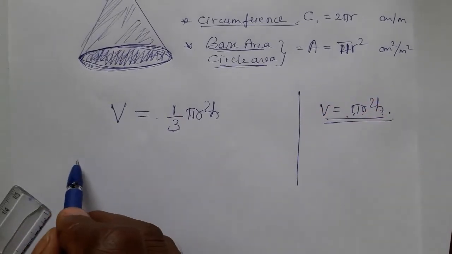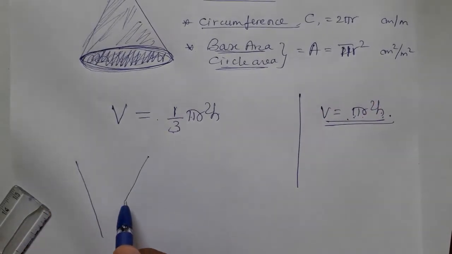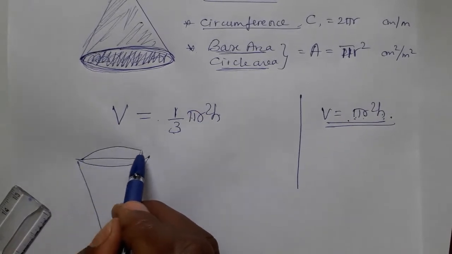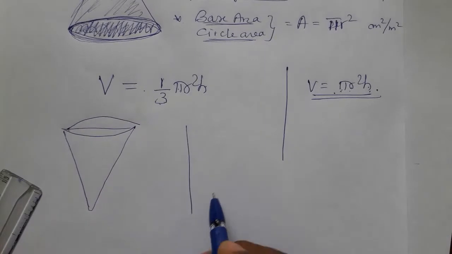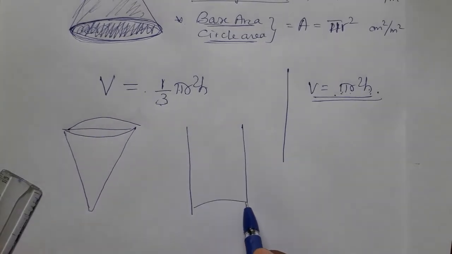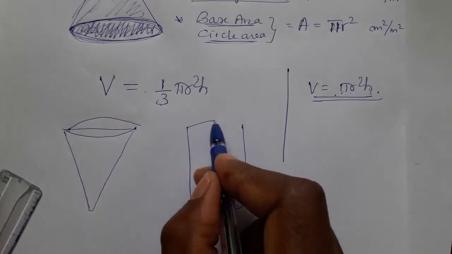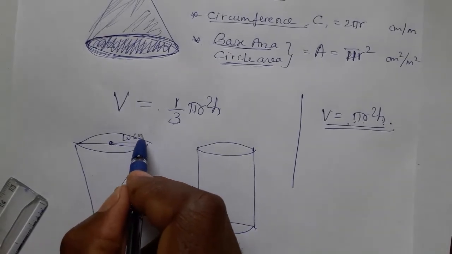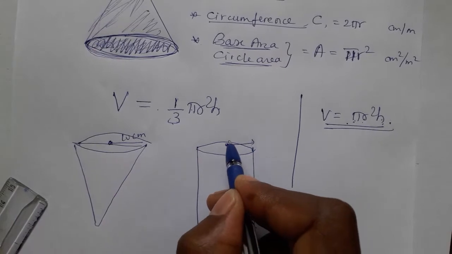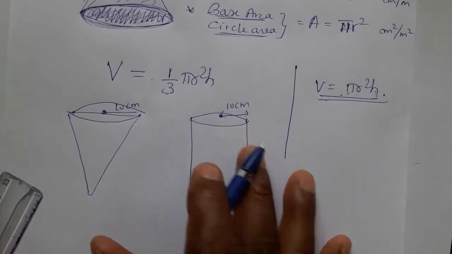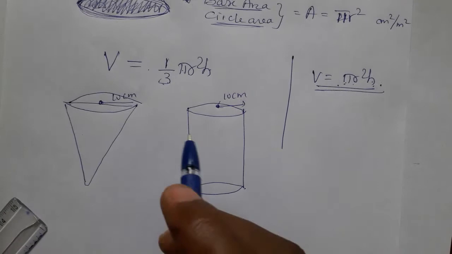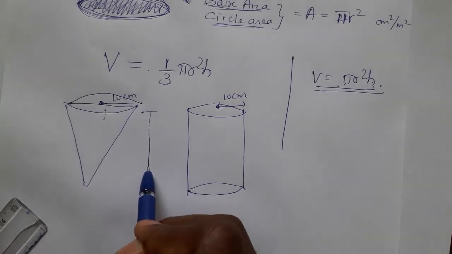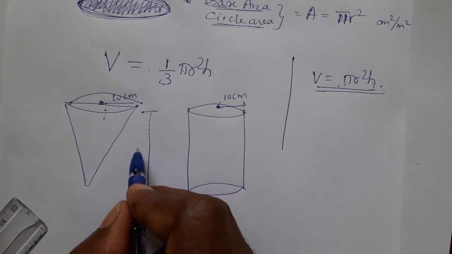Because if you take a cone and a cylinder having the same base, the condition is same base. That means if the cone has a 10 centimeter base radius, the cylinder must have a 10 centimeter base radius. Like two three-dimensional figures we will take. This is the cone with base radius 10 centimeter and height 20 centimeter.